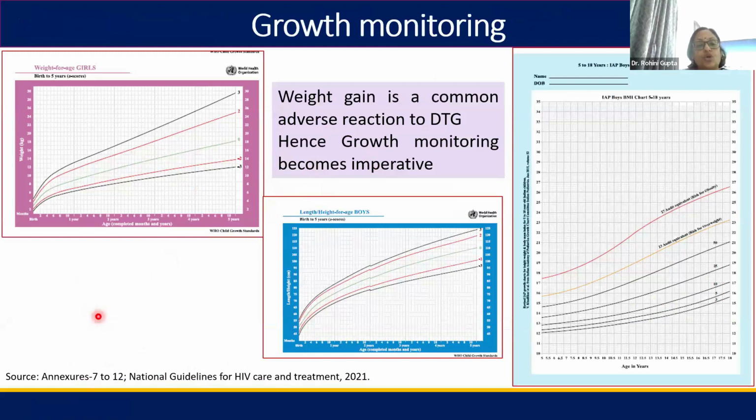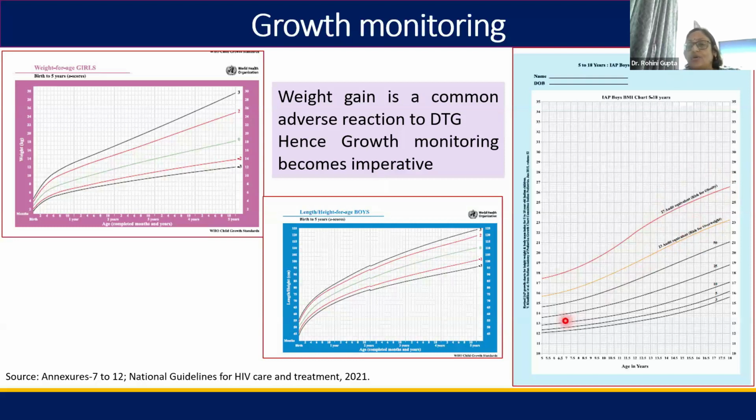And these are the growth charts which are available, annexures 7 to 12 in the national guidelines. Weight for age, height for age, less than 5 years, and beyond 5 years, we have the IAP BMI index charts. In these BMI index charts, these red lines are there. So in more than 5 years of age, it's available both for boys and girls.